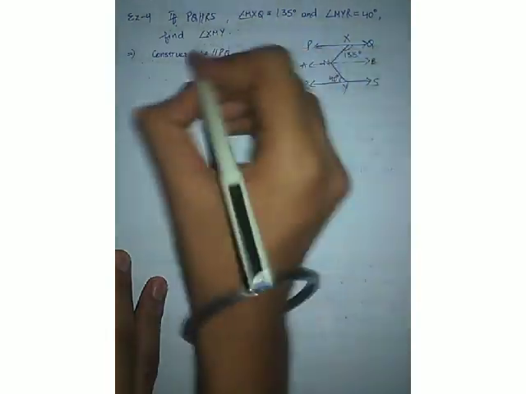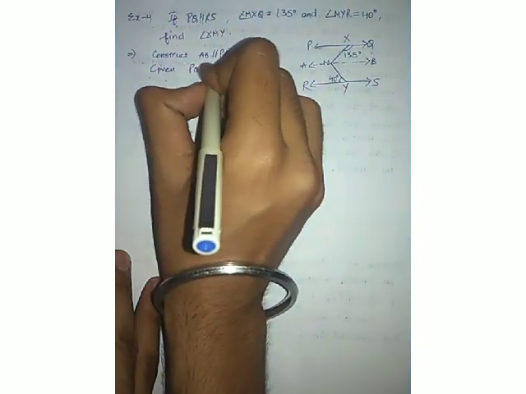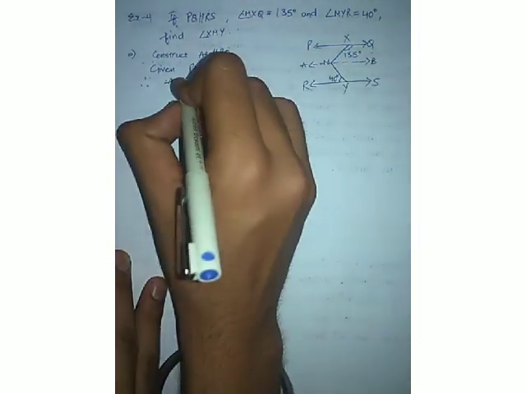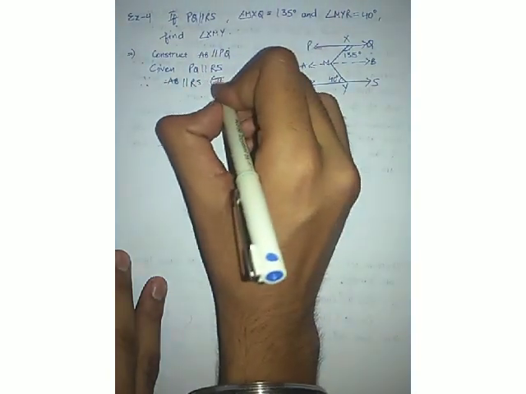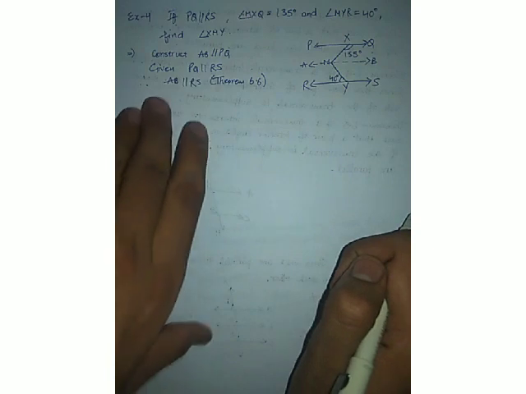It's given that PQ is parallel to RS, so ultimately AB will also be parallel to RS, according to the last theorem that we have studied, theorem 6.6.